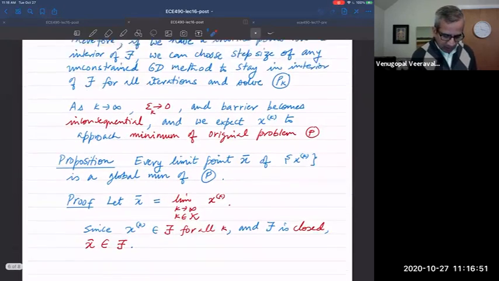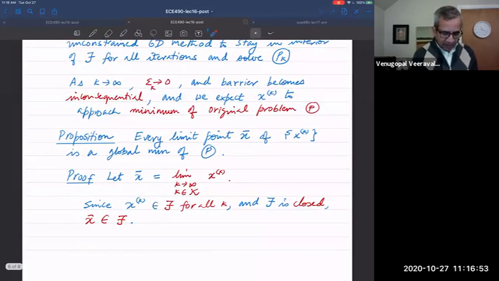That's what we saw, and we proved that if the sequence has a limit point x bar, then that x bar has to be a global minimum of my original problem. Okay, so we showed that last time.